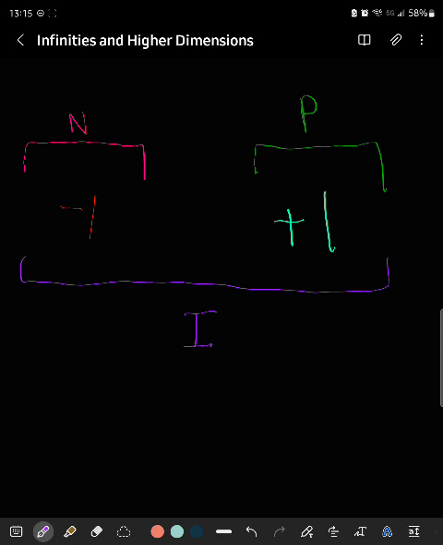Well, yes, but this infinity I, which includes all integers, is greater than both of them because it includes any number that's not a fraction, which includes negatives and positives. It is part of this infinity.